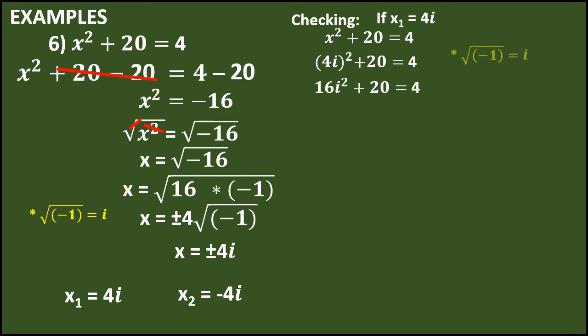After that, what will be the value of i squared? Again, as I have said, the square root of negative 1 is equal to i. If we square both sides of the equation, we have the square root of negative 1, quantity squared, and we have i squared.